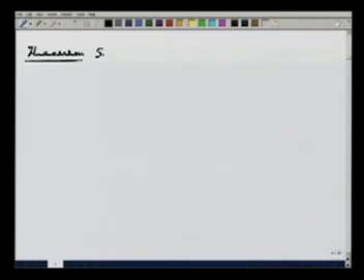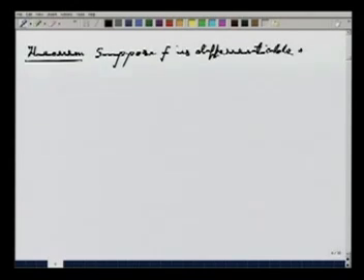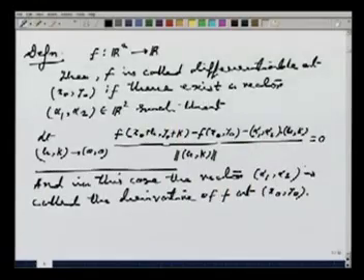Suppose f is differentiable at x naught y naught. Then as in the previous definition, we know there exist vectors alpha 1 and alpha 2 such that this limit is 0.